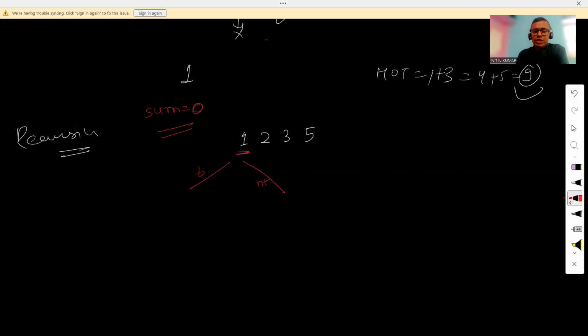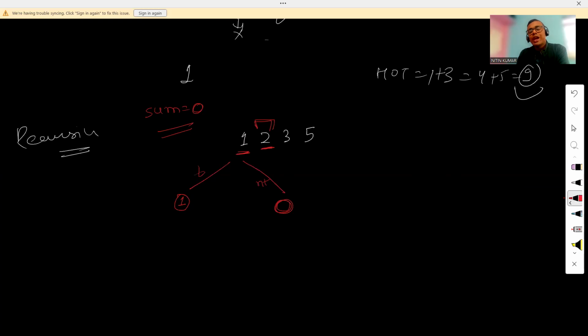Okay, that's clear. If I take this one, then my sum value will be 1. And if I do not take this one, then my sum value will be 0. Again, go for the next value, 2.